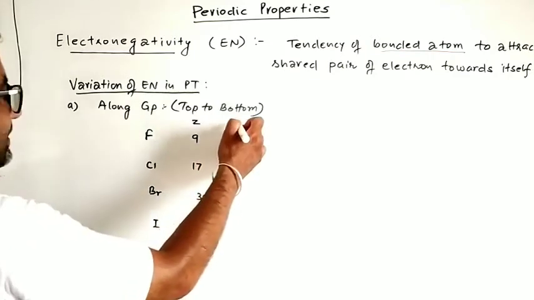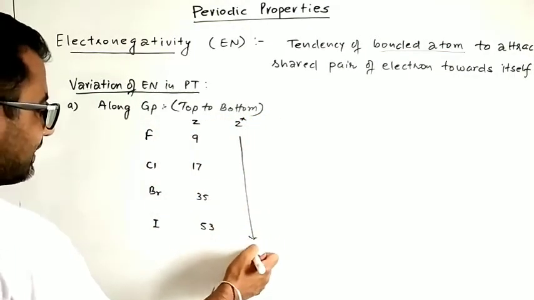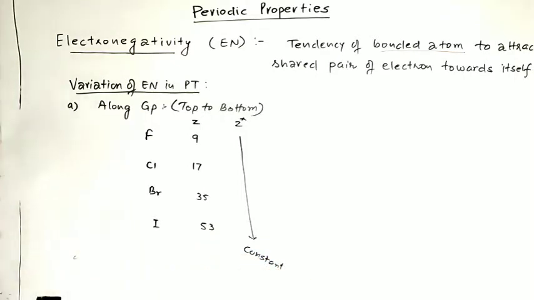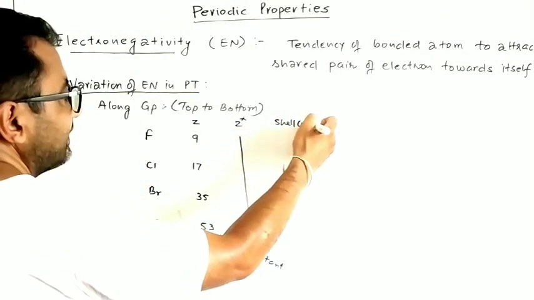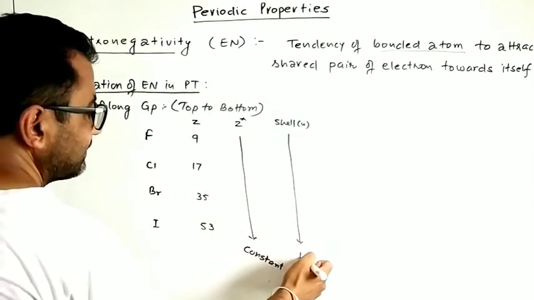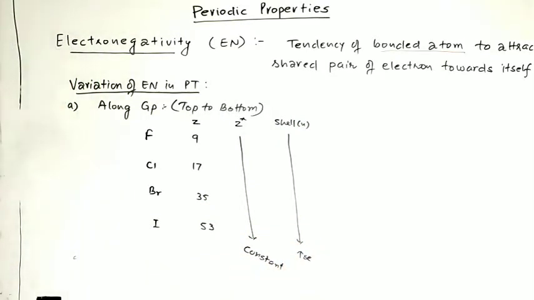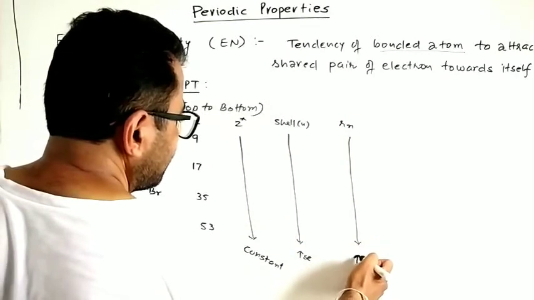But the effective nuclear charge, Z star, remains constant, because the shells also increase. When you move down, the shell number n also increases. So overall the radius, or n, also increases.